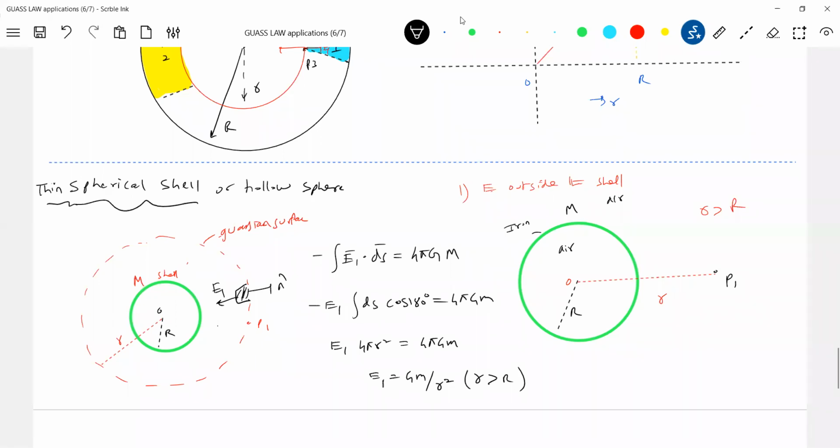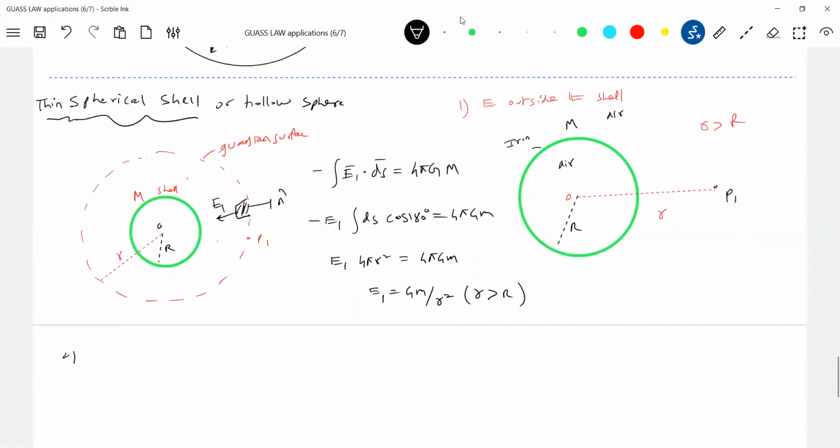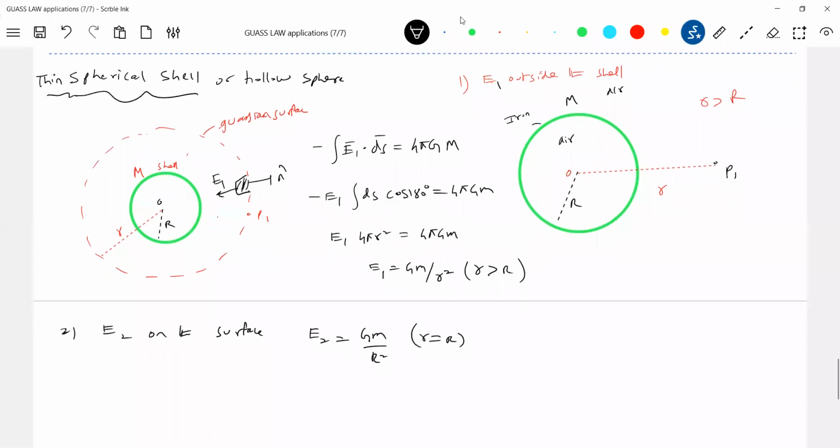Now outside the surface we have E1, and this is E2. On the surface, I'll write E2 is equal to GM by r square, where r equals capital R. What about inside? Mass is present only at a distance capital R, not like a solid sphere.